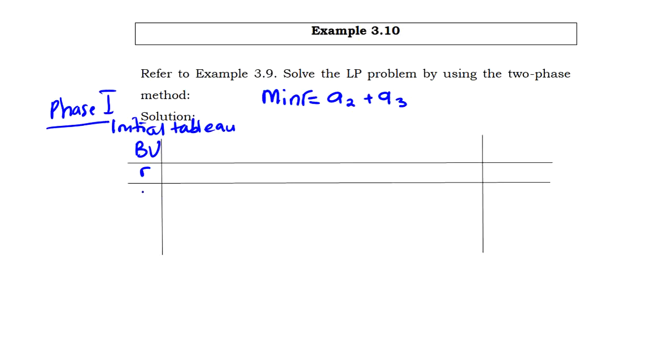And then we have S1, A2 and A3 as the BV, same as example 3.9 by using the Big M method. First the variables x1, x2, s1, s2, a2 and a3, and then we have the right hand side.